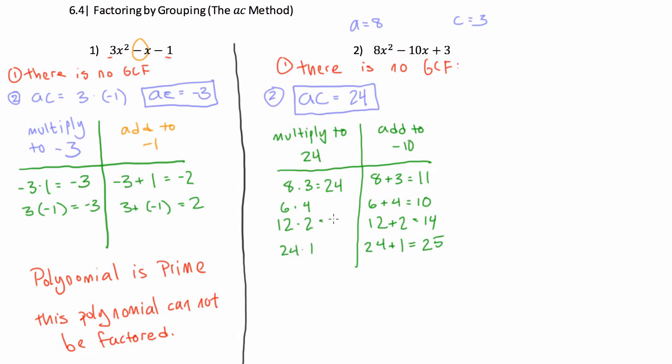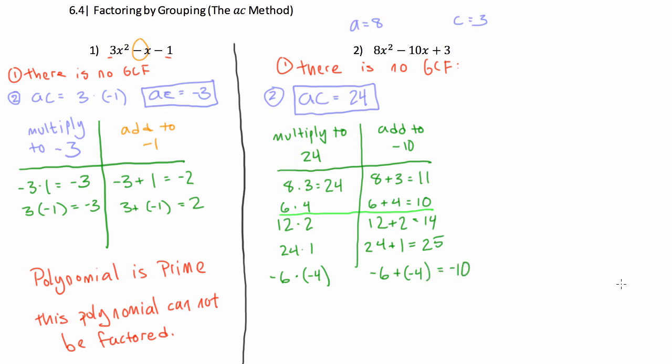I haven't found anything, but if you look at these, I need these to add to a negative, and so you might have noticed as I was going through that this is a promising result. So that positive 10, actually, if I just switch these numbers, negative 6 times negative 4, that equals positive 24, and then negative 6 plus negative 4 does give me negative 10.